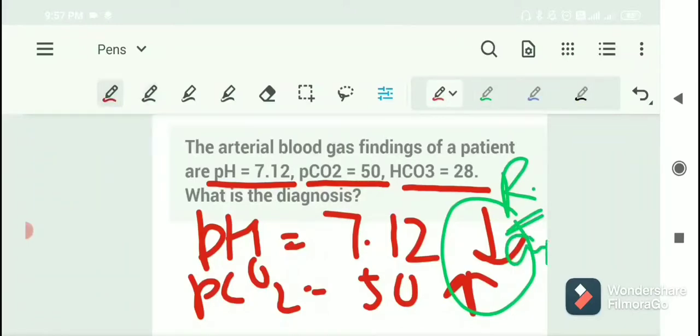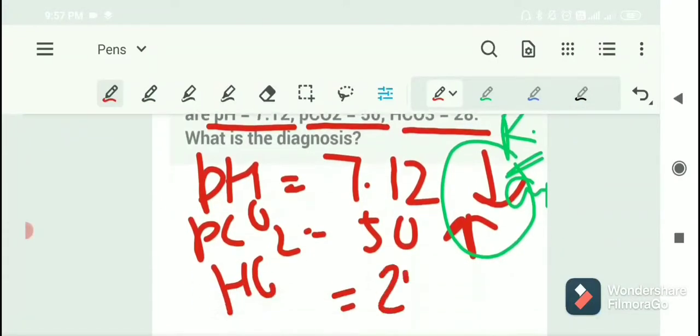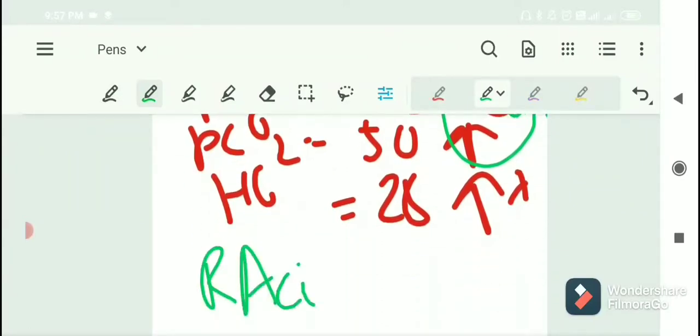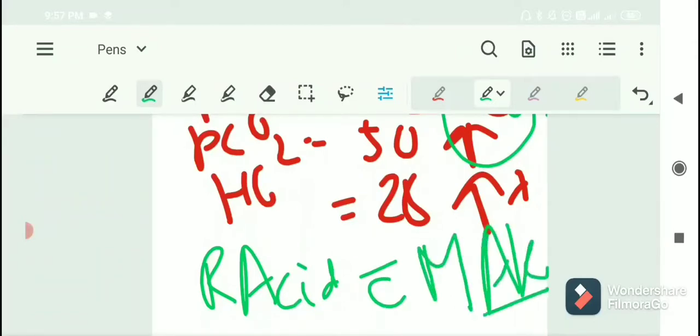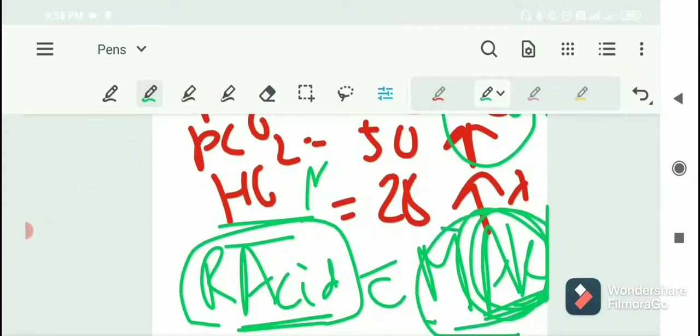Now here the bicarbonate level is 28. That means it has increased. That means this is a respiratory acidosis with compensation of metabolic alkalosis. As bicarbonate is increasing, that means it is alkalosis. This metabolic alkalosis occurs to compensate the underlying respiratory acidosis. So this is also clear.